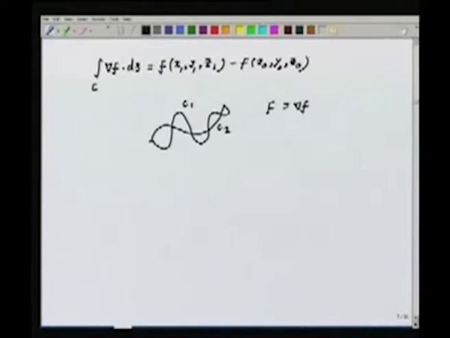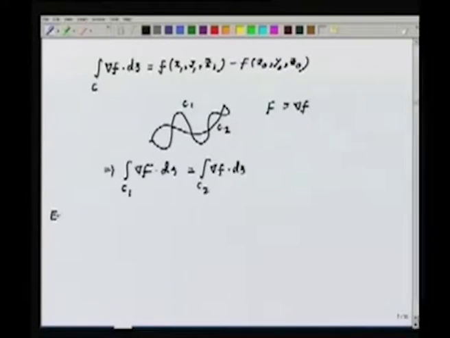Then from the previous formula it follows that the integral over C1 of grad f dot ds equals the integral over C2 of grad f dot ds, because the result depends on just the final point and the initial point.